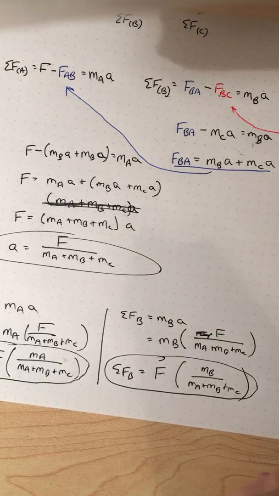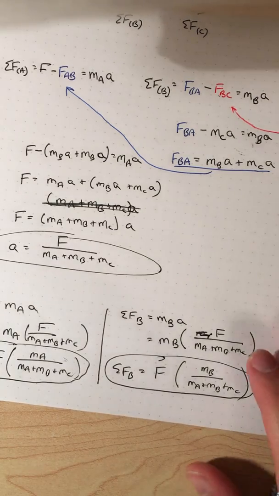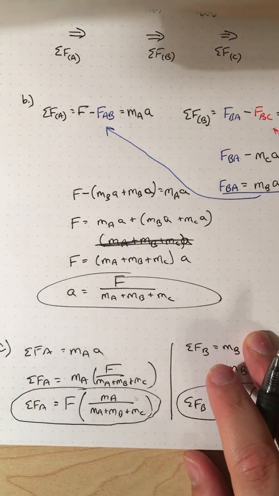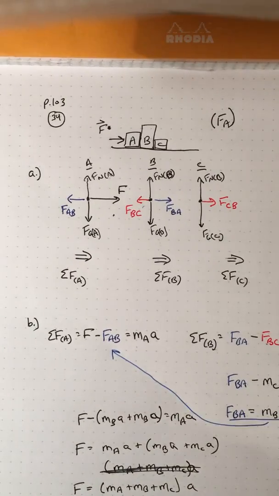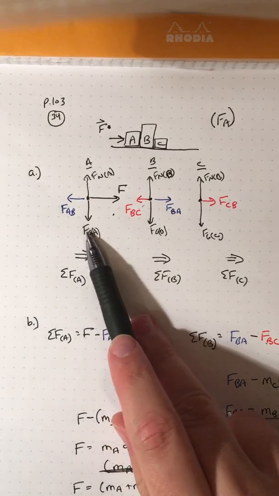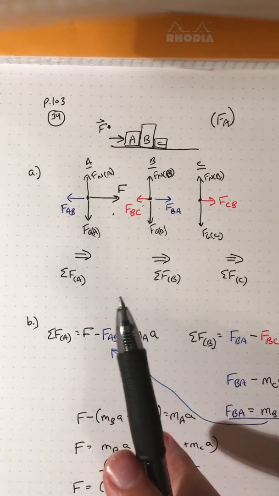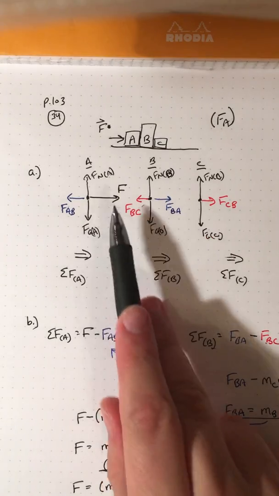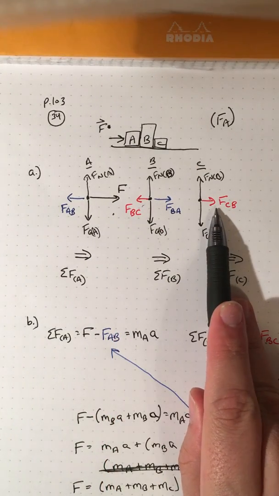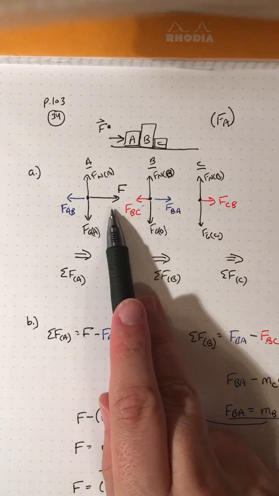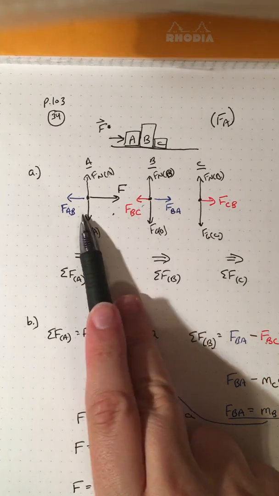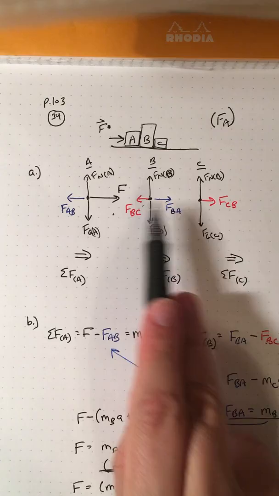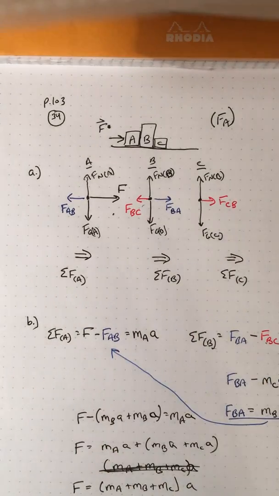So there's that. And from there, you can go ahead and plug in the numbers that you're given. And what this is trying to show is a couple things. It's trying to show that the way a force gets transmitted through a system like this is due to Newton's third law. This applied force never acts on block C. It just has an action-reaction force on B, and then there's an action-reaction force on C. So that's one thing it's trying to show.